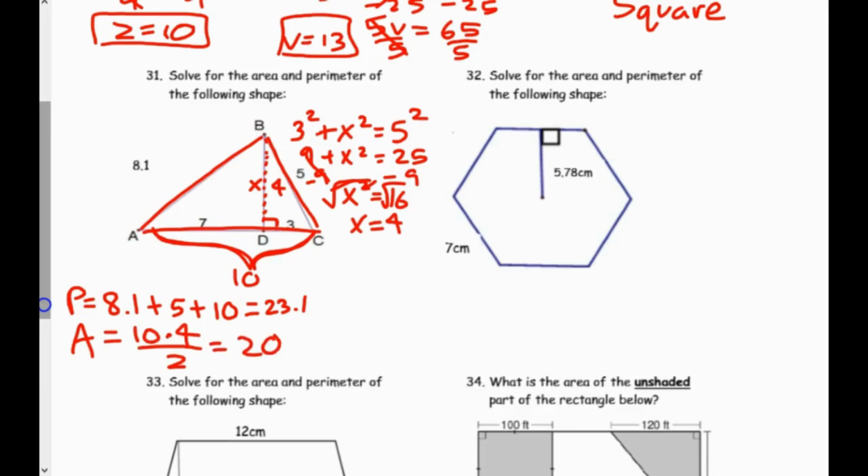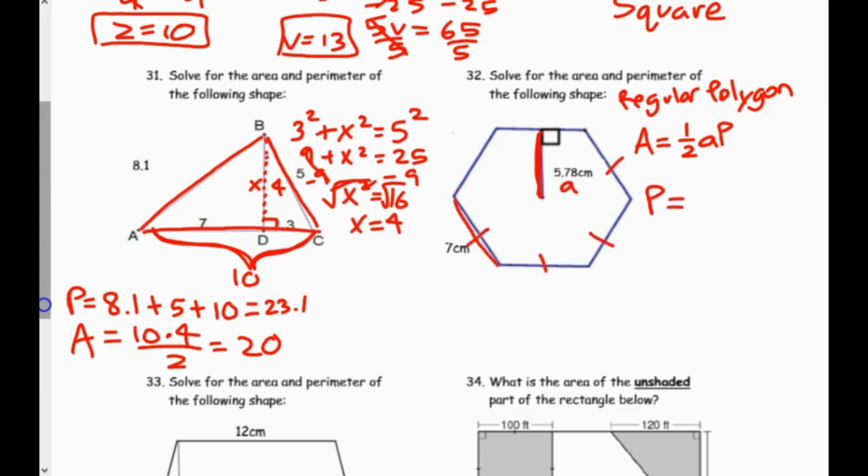32. Solve for the area and perimeter of the following shape. Remember, this is a regular polygon. This is on your formula chart. Alright, so the area is 1/2 little a, big P. Little a stands for apothem. Okay, so right here, this is my apothem. Let's figure out the perimeter real quick. I got 7 times 6.